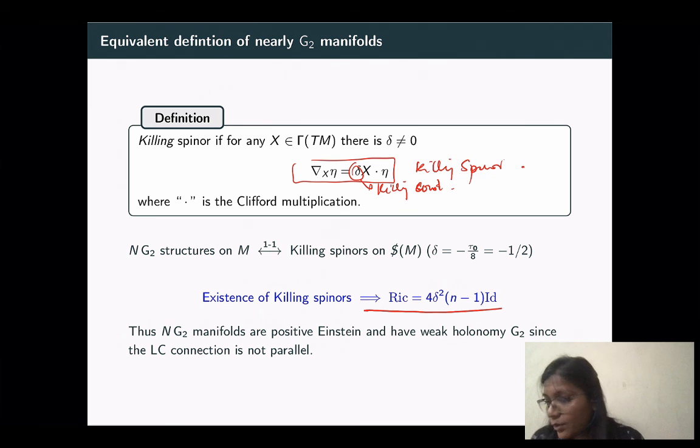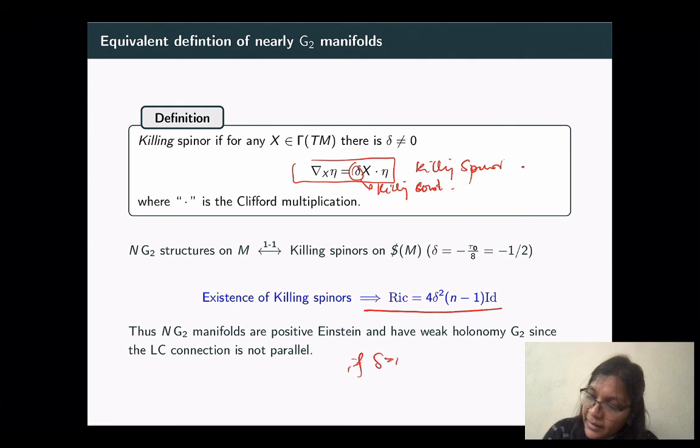As I have already mentioned, from here you can again see that it has weak holonomy G2, since the Killing spinor eta is not parallel with respect to the Levi-Civita connection. If delta is 0, then we get holonomy G2, or torsion-free. But here delta is non-zero.